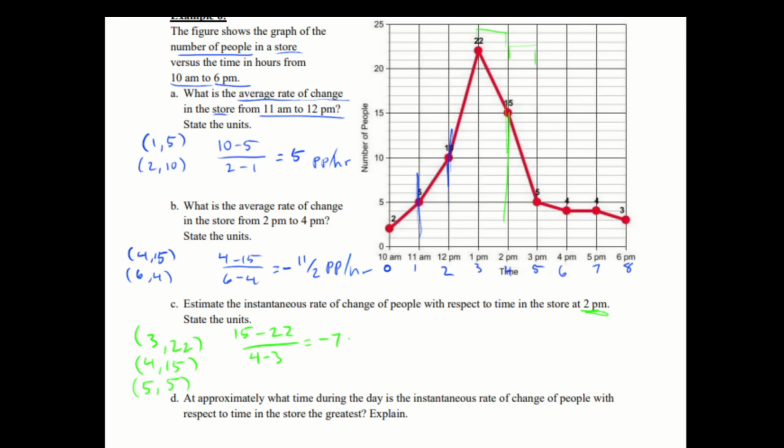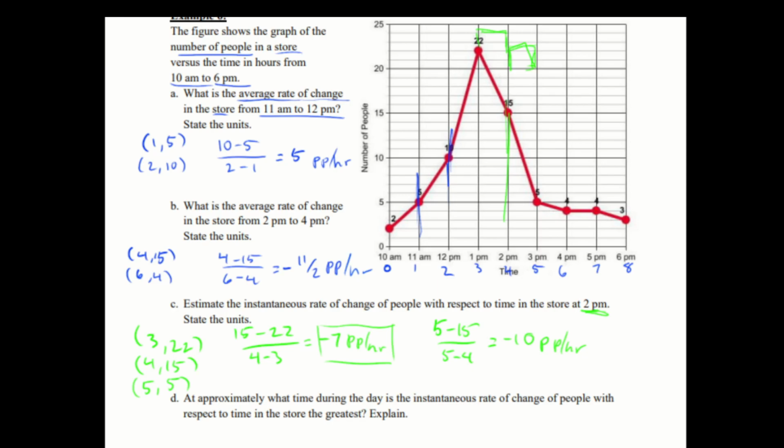So that's negative 7 people per hour as our slope before our 2 p.m. value. And then we'll do it for 5 minus 15 over 5 minus 4, equals negative 10 people per hour. That is our slope the hour after our 2 p.m.